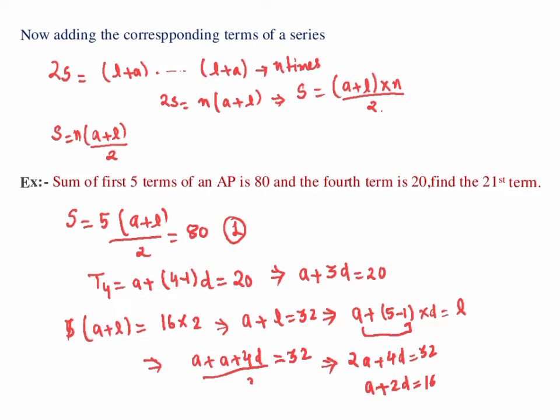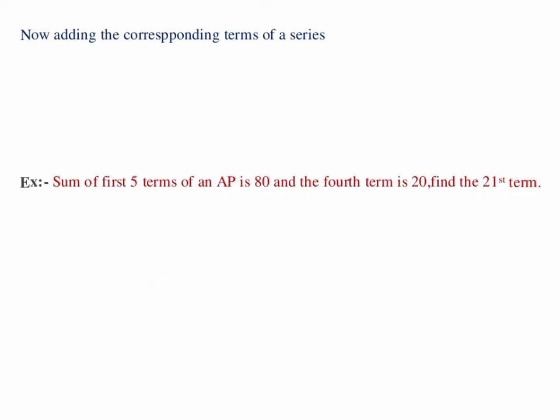So now we will solve this here. You got A plus 3D equals 20 and A plus 2D equals 16. Let us say this is equation 1 and this is equation 2.